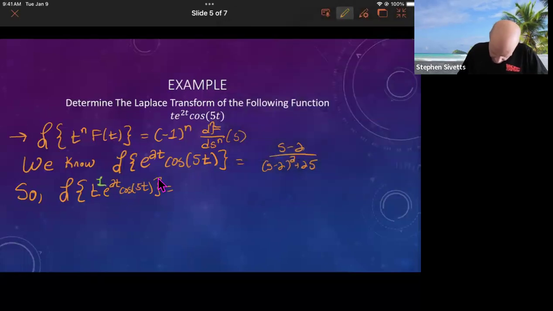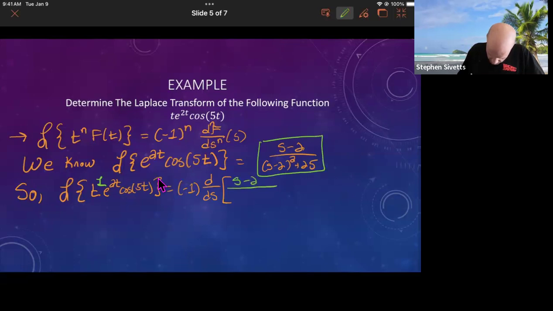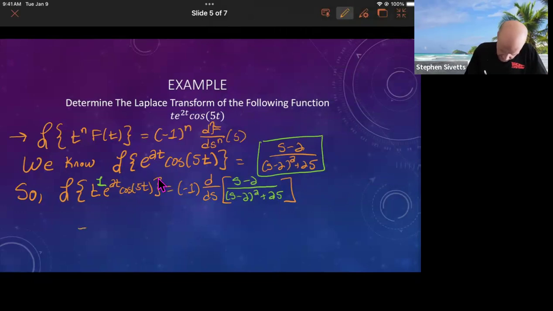So what that is equal to by the theorem is just minus 1 times the derivative with respect to s of this function right here, (s minus 2) over ((s minus 2) squared plus 25). Okay. All right. So this equals negative quotient rule time.